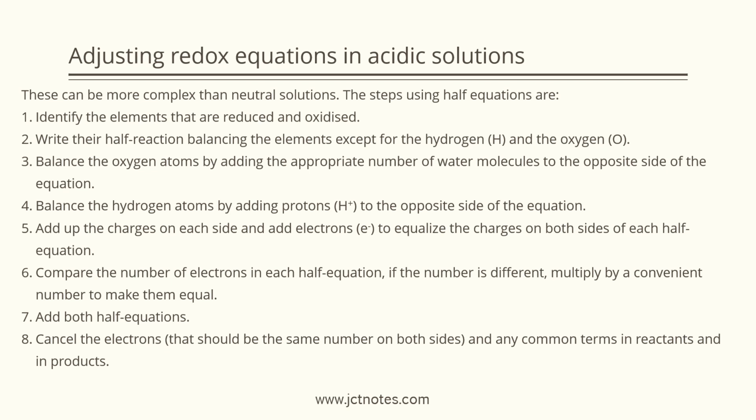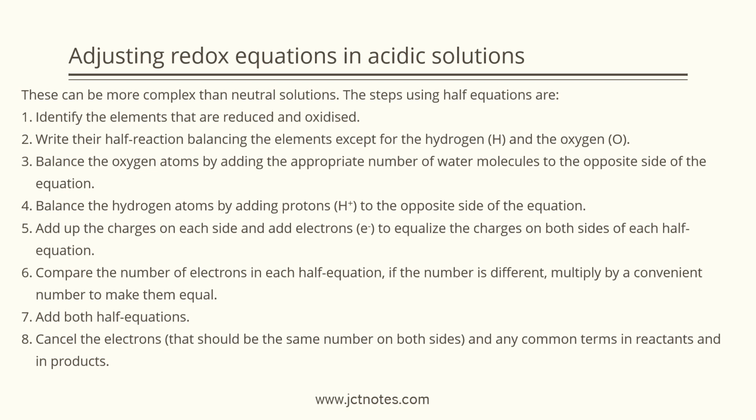These will be balanced in the following steps. Third, balance the oxygen atoms by adding the appropriate number of water molecules to the opposite side of the equation. Fourth, balance the hydrogen atoms by adding protons to the opposite side of the equation. Fifth, add the charges on each side and electrons to equalize the charges on both sides of each half equation.